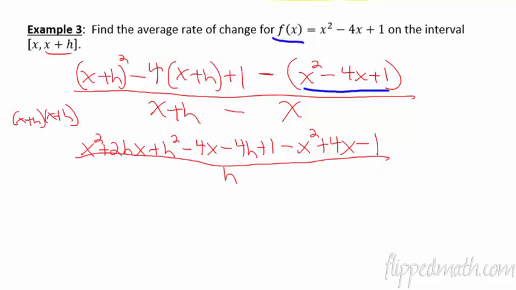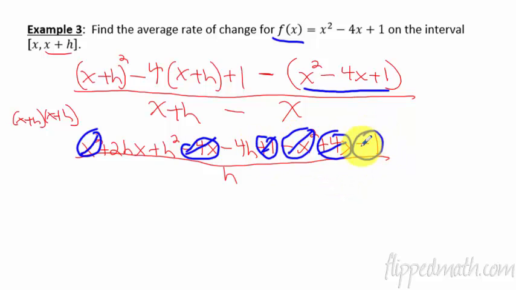What can we cancel? I see an x squared here and a minus x squared here, so that's going to cancel. And then I have a minus 4x here that is going to cancel with a plus 4x here. So those are gone. I have a plus 1, which is going to cancel with this minus 1. So those are gone. So all I have left is 2hx plus h squared minus 4h all over h.